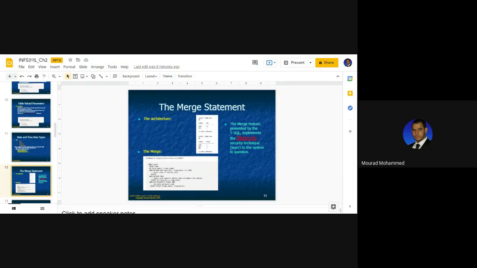They're correlated. So the statement, or let's say the transaction we will pass, is a merge. We're going to make a merge because we are going to buy a product, and it's the same product we are going to manipulate in the stock, either to add or to reduce.